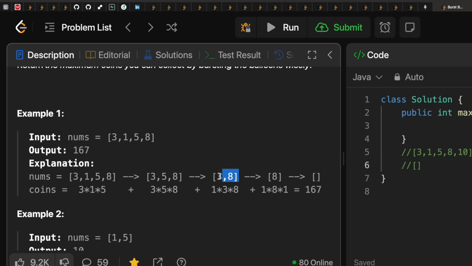On the left of the 8 is 1 and right of the 8 is 1.